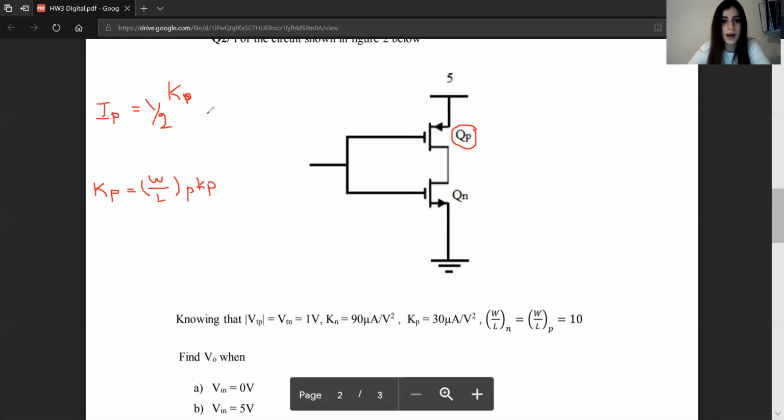So it's equal to half Kp (VGS minus V threshold) all squared.